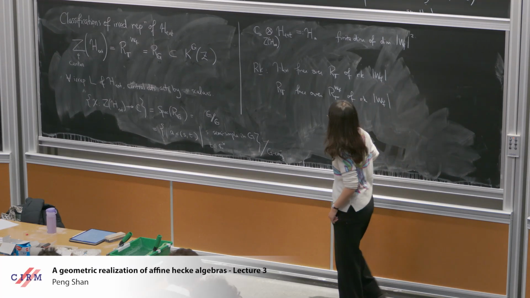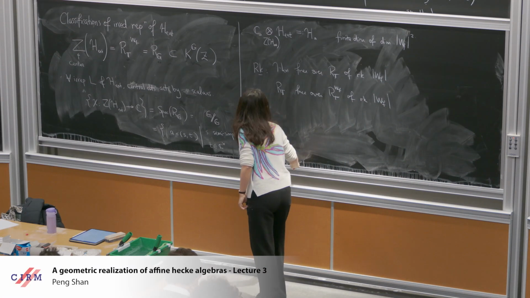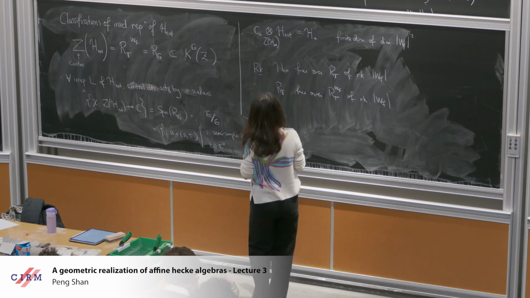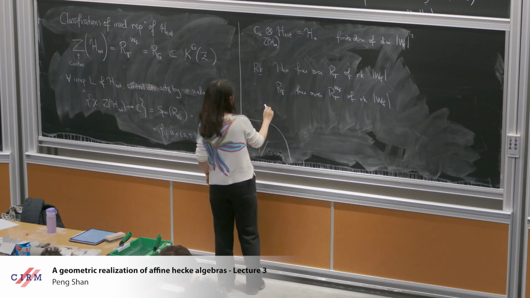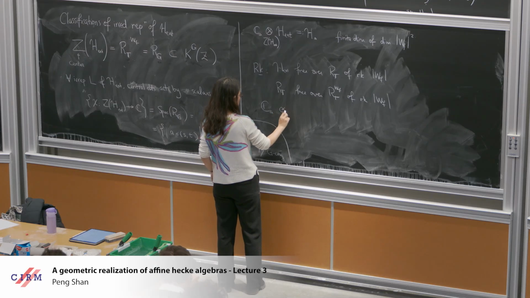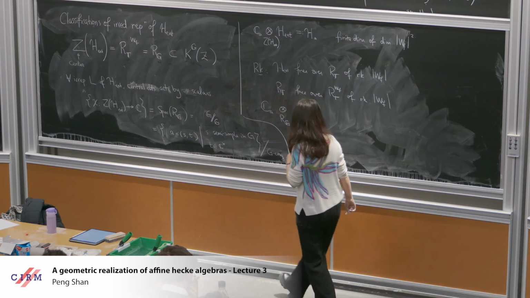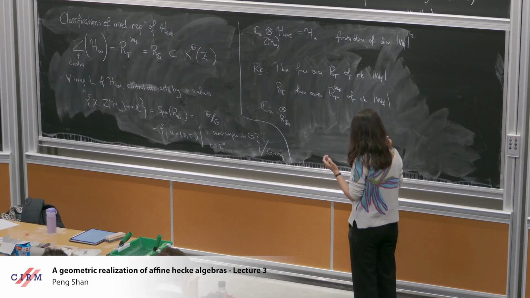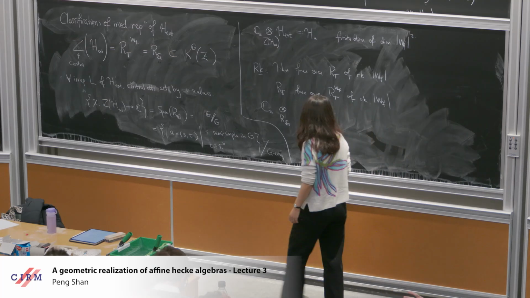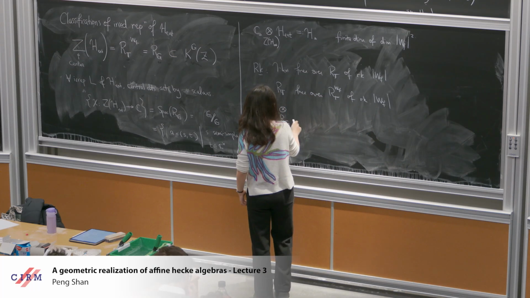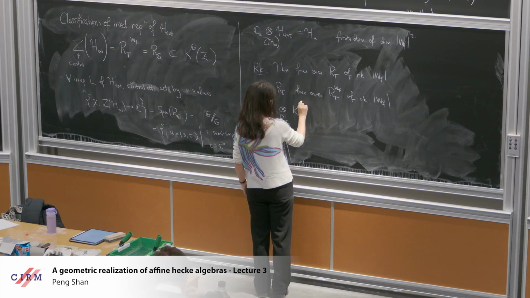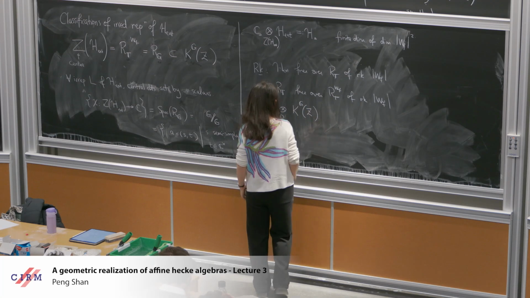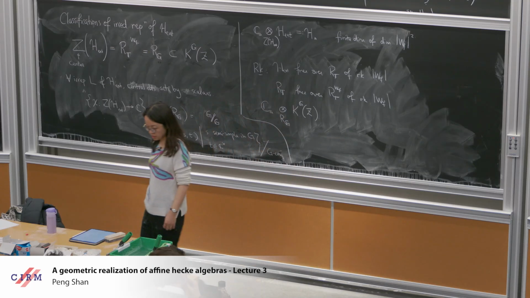Okay, now what does this mean on the K-theory side? So on the K-theory side, we're looking at C_A tensored over this character ring of G, which we interpret as K_G of a point, with this K_G of the Steinberg variety.